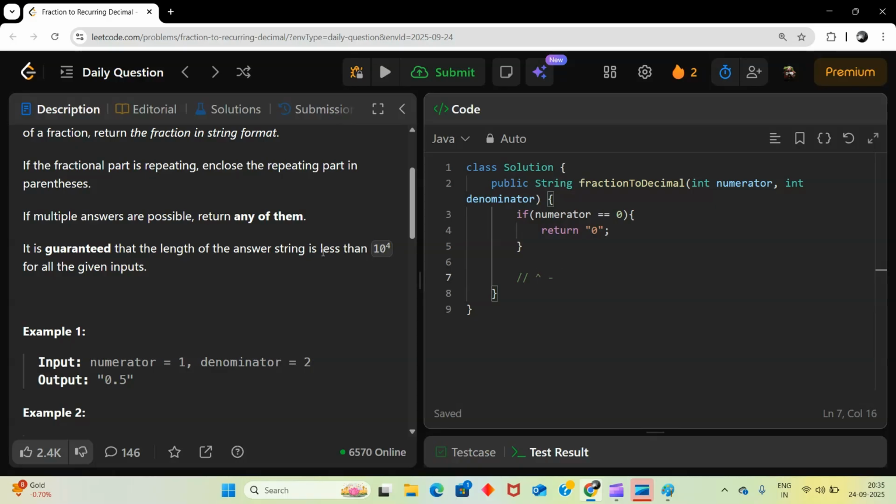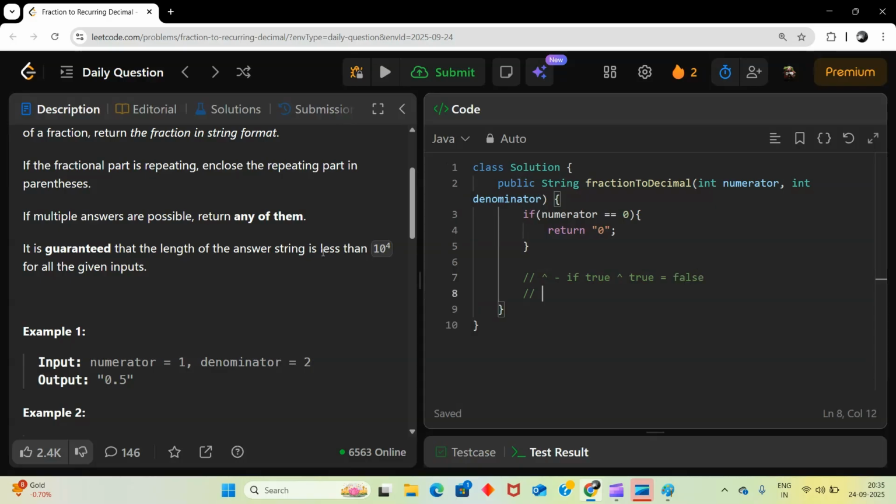For this, true XOR true will be false. True XOR false is true. False XOR true is true, and false XOR false is false.